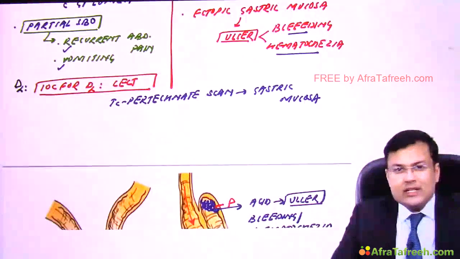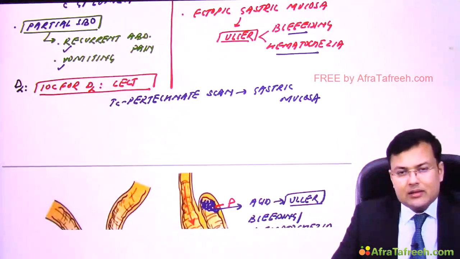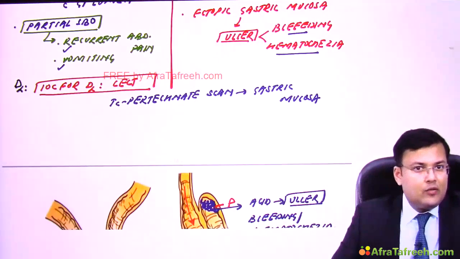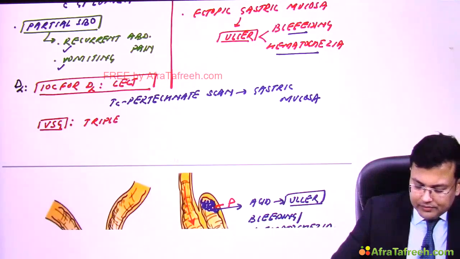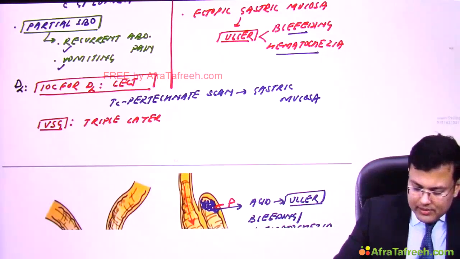And on ultrasound, there is a characteristic appearance, the triple layer effect, which is seen in duplication cyst.